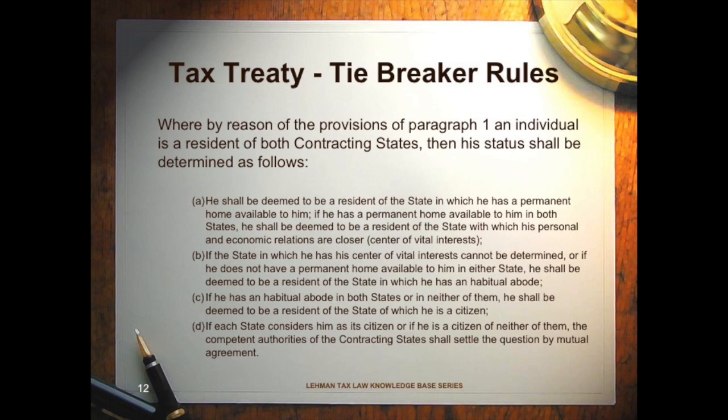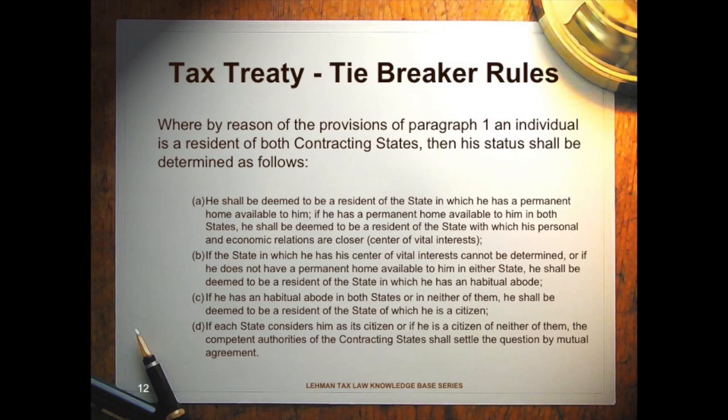If the taxpayer's home is in the foreign country and the taxpayer is here in a motel or a hotel for 210 days, let's say, but it's really not their home, it's a transient situation, then you continue to be a non-resident alien because your home was not here.